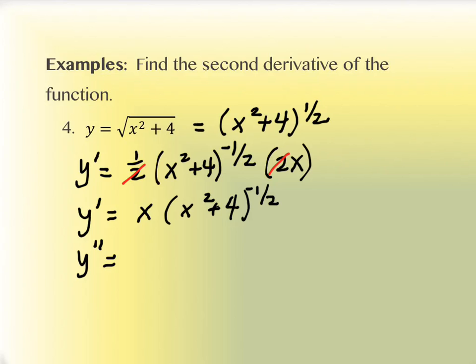I'm going to also have to use a product rule. Do you guys see a product here? I have two separate functions that are being multiplied. I have the function x, and I have the function over here that is the x squared plus 4 to the negative 1/2. This is a product rule.